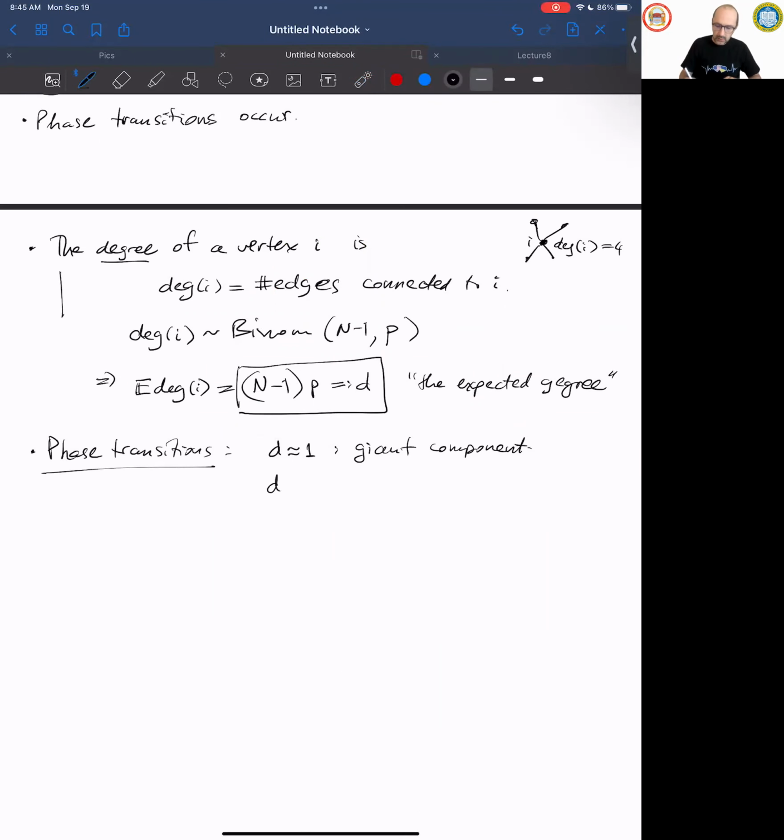And then you slide further. If d is about log n, and by log I mean again, it's a natural log, so it's from like 0.99 log n to 1.1 log n, exactly at that moment, the graph becomes connected.